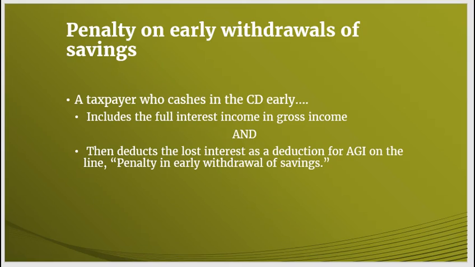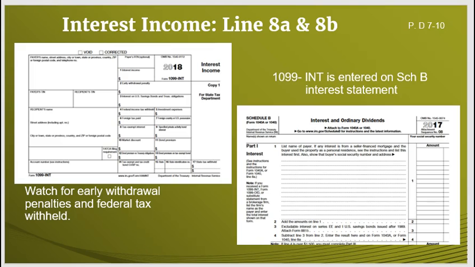That would appear on one of those 1099 forms you would receive. If we look back at our discussion of income where we looked at the 1099 INT, we can see that line 2 is for early withdrawal penalties. So that would appear on your 1099 form.